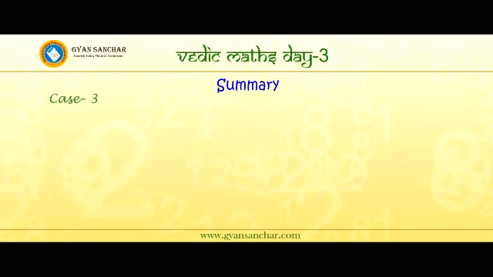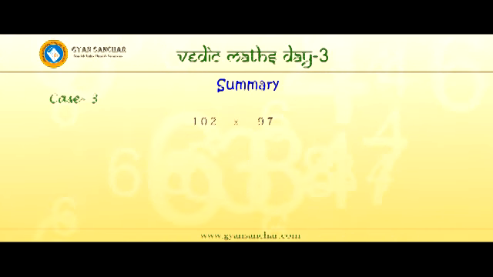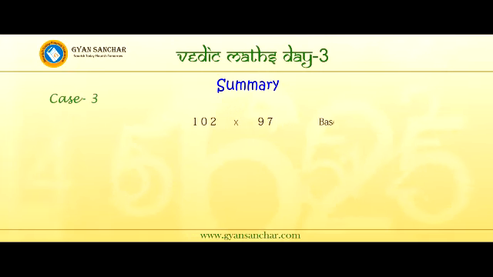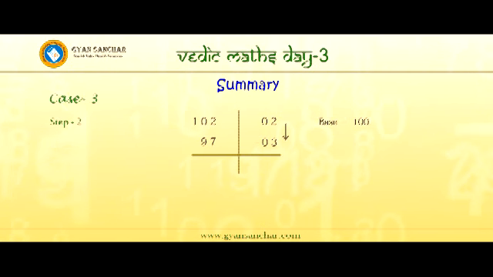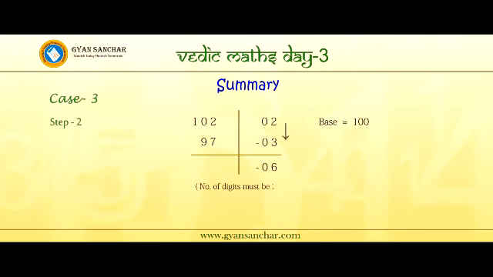For the third case, take 102 into 97 as an example. Similarly, the base is 100. Now subtract the base from the numbers. We get the result as shown on the slides. Now we multiply the differences 02 and -03. We get -06 as RHS.